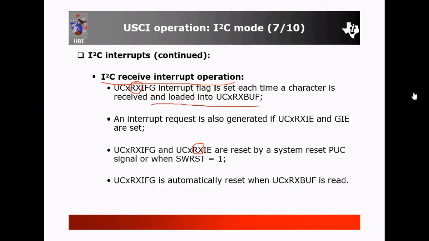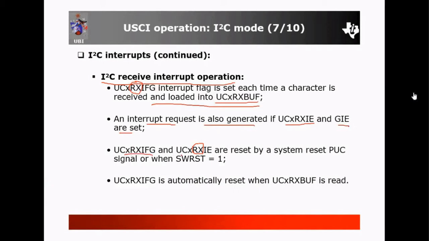In the case of the transmitter, the TX buffer is ready to accept a character, but in the case of the receiver, the RX buffer is loaded and can be read. Whenever that happens, an interrupt flag is generated. Now an interrupt request is also generated if UCxRXIE and GIE are set. If both bits are set, then an interrupt request is generated.